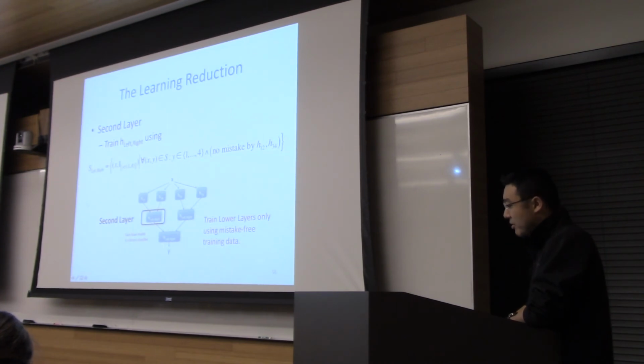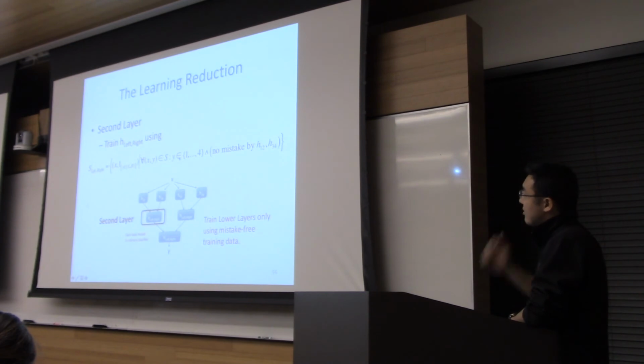We're only going to construct this training set over inputs x from the original training set where the original label belongs to one of the 4 possible classes that this classifier is predicting over, and this is an example where the 2 classifiers in the first level did not make a mistake. So if the true label was 1 for this example, then H12 must have made the correct prediction. It doesn't really matter what H32 predicted, but H12 must have made a correct prediction. Otherwise, we throw this example out and don't include it in this training set.